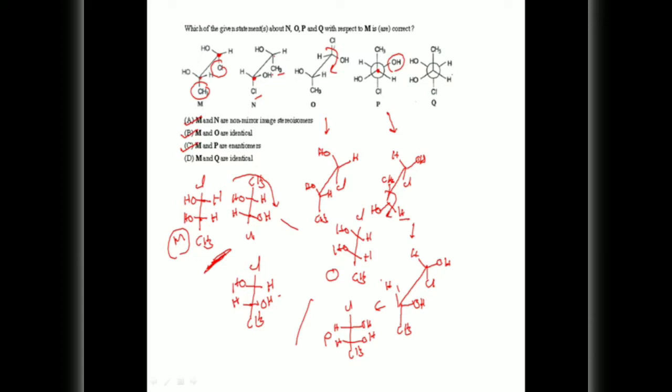Now we are coming to the Q molecule. Write the Sawhorse projection formula for this compound. This CH3 is in the upward direction. Now OH is on the left side. It is a front chiral carbon.